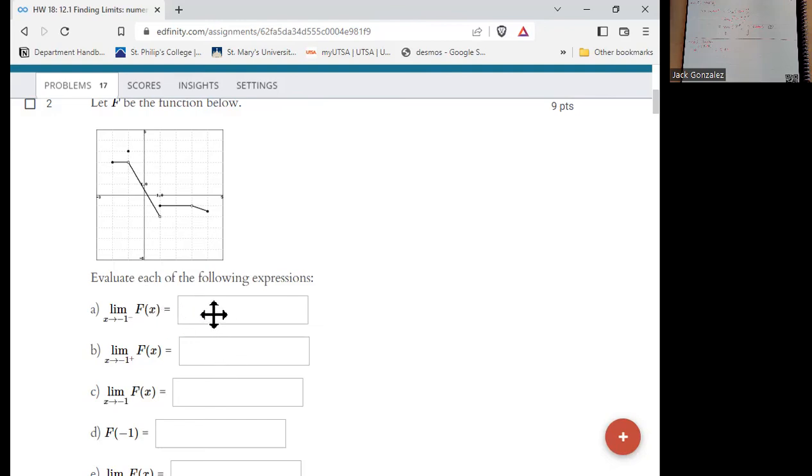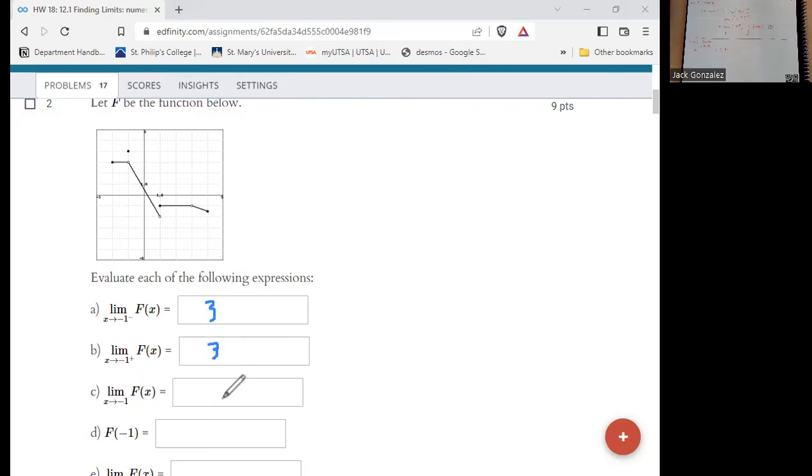Since these are the same, the left side and right side, you would say that the limit exists at -1, which is also equal to 3. That's all we're doing. Does that make sense? Or no? So this one is 3, also 3.